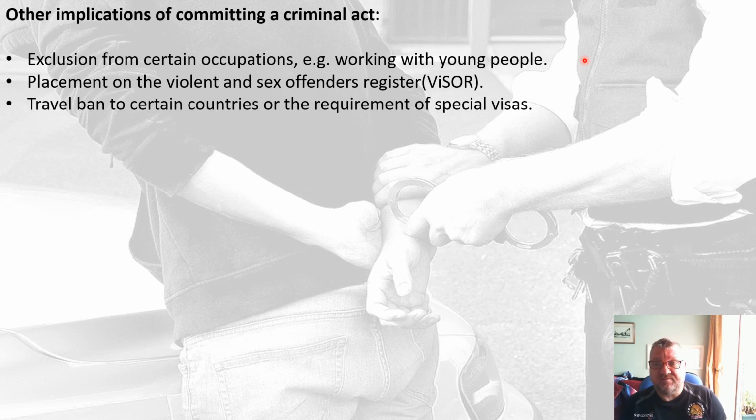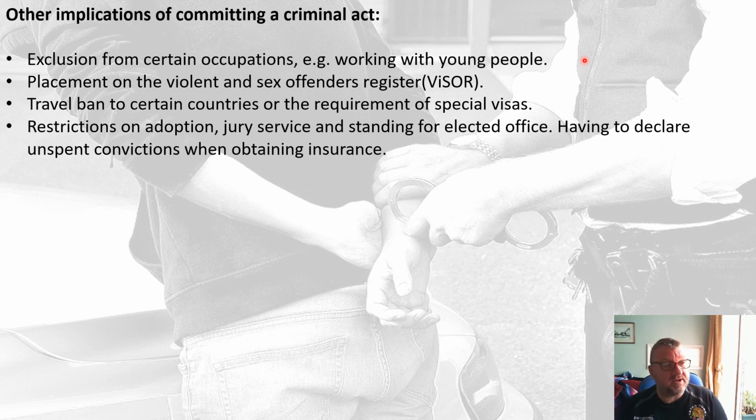You can face a travel ban to certain countries, or you will be required to have a special visa if you have a criminal record to enter other countries. And you can also have restrictions on things like being able to adopt, jury service, standing for elected office as an MP. And you often have to declare unspent convictions when obtaining insurance.